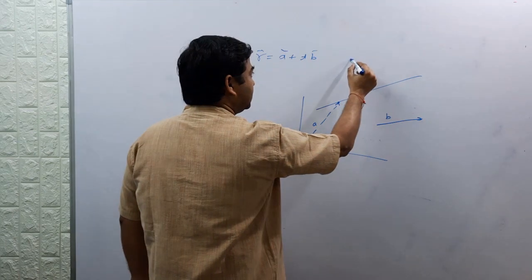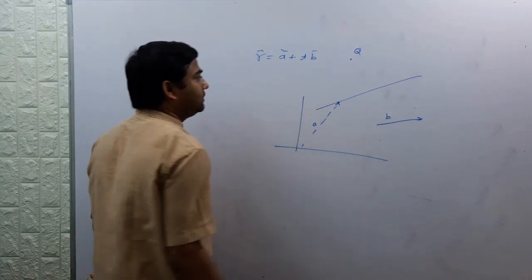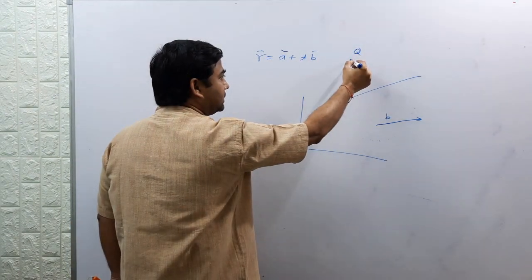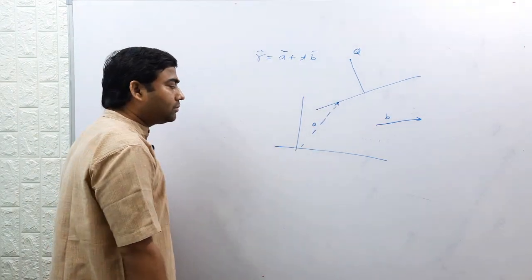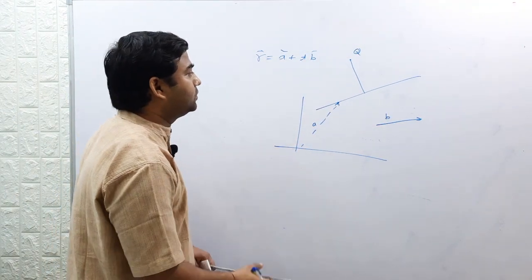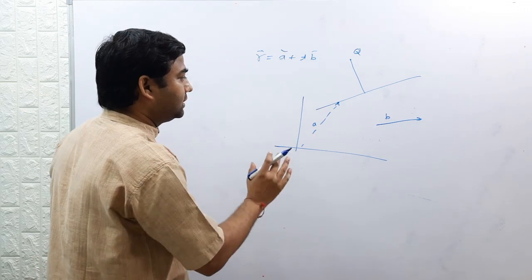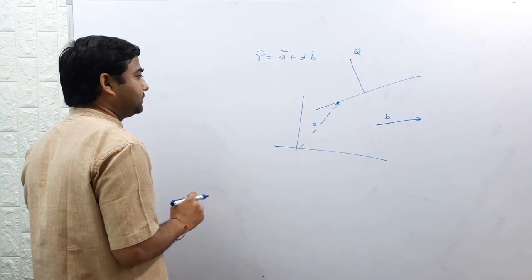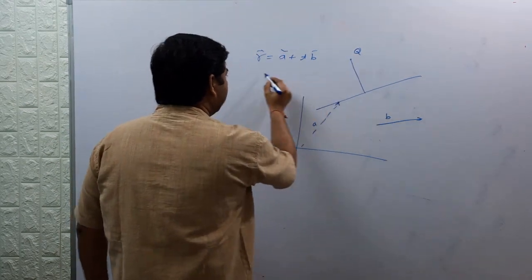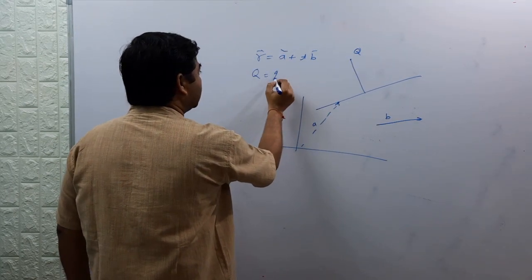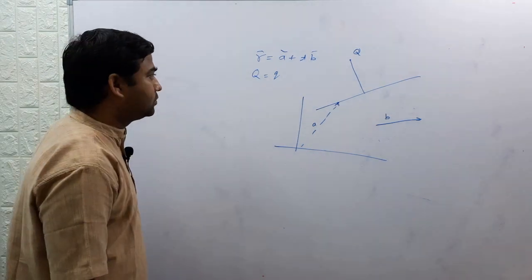Now another point Q is there. We have to find the perpendicular distance from Q to this line. Let the position vector of Q be q.